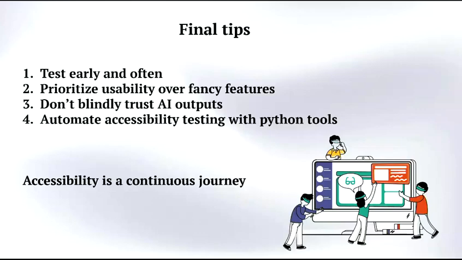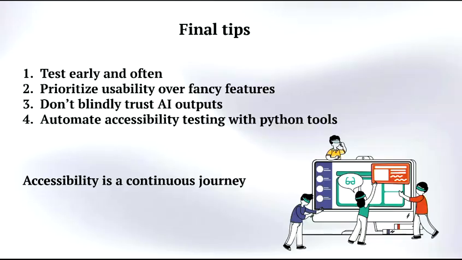And then lastly, automate accessibility testing with Python tools. Integrate testing tools like Playwright and Axe Core, which every now and then keep pinging you with errors that this isn't right, this is going wrong, and so on. And you can always have a support place where people can report issues.